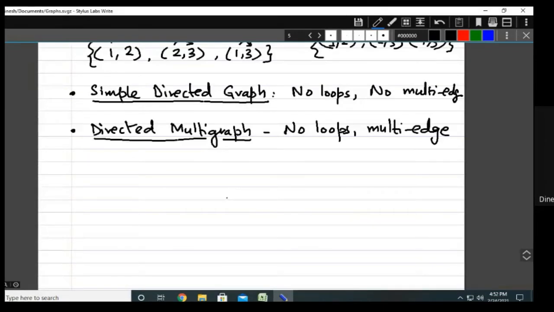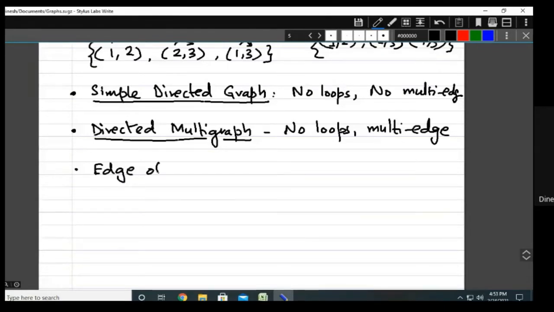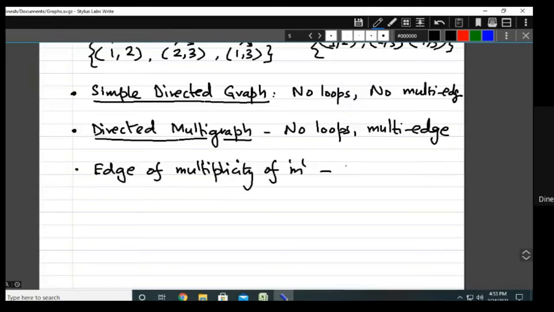And then let's say there is one more definition, that is the edge of multiplicity. So if you have m directed edges associated with a pair, let's say u, v, then it is called an edge of multiplicity. So an edge of multiplicity m means that there are m edges between u and v.